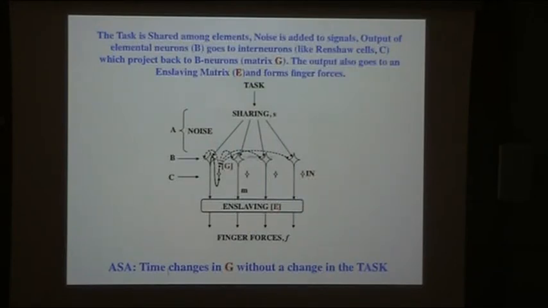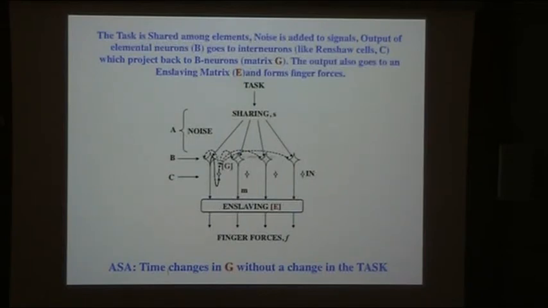So this is an illustration of how this idea can be implemented in a kind of minimalistic neural network. In this picture, it's for finger force production, because at that time we studied finger force production. As a result, there are 4 elements and 4 neurons at that B level, big neurons that ultimately produce commands to individual fingers, well, finger modes.